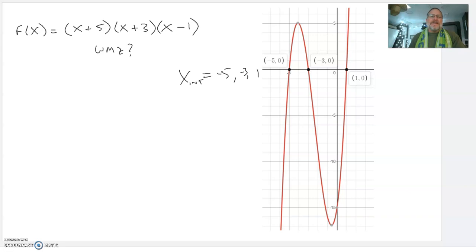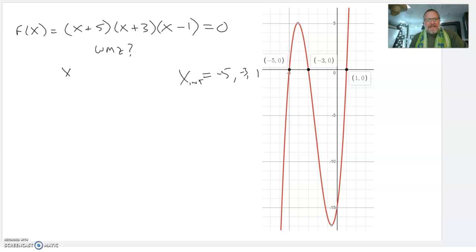Why? Because when you ask my favorite question, what makes 0? We want to know when this output is 0. And if you notice, every one of the outputs here is 0. So when I ask what makes 0, I'm asking, what is the x-coordinate where y is 0? And that's why it works.